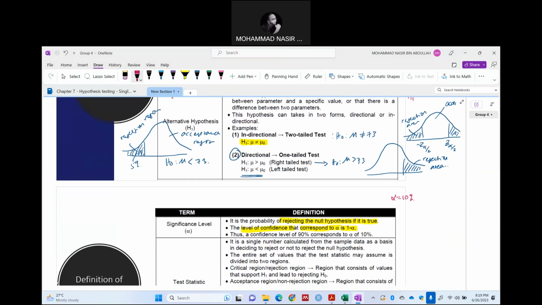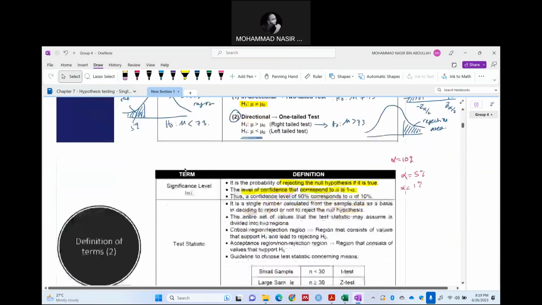So the 10% is what we reserve for any miscalculation. So we want to minimize our miscalculation. So normally we will take 5% or 1%. Alpha equal to 1% or 5%. Right. So the confidence level of 90% corresponds to alpha of 10%.